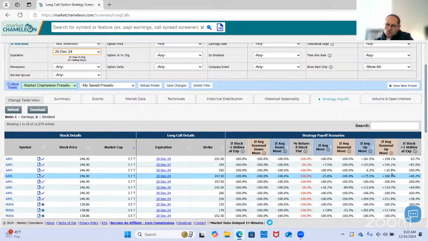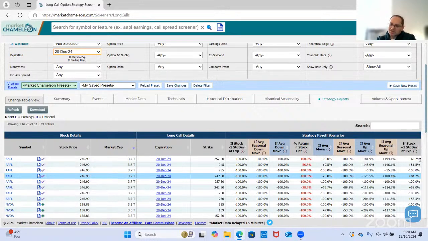So what about a one standard deviation move? What if we just took a standard deviation move given its most recent historical volatility, and the stock just does a one standard deviation move to the upside in that 9-day trading period?